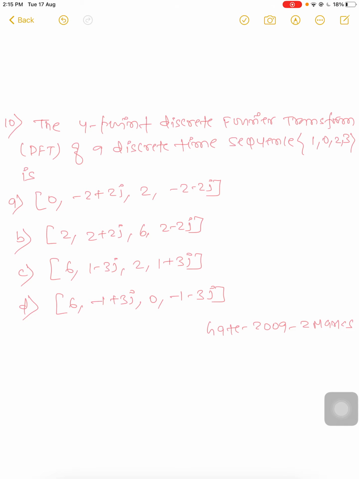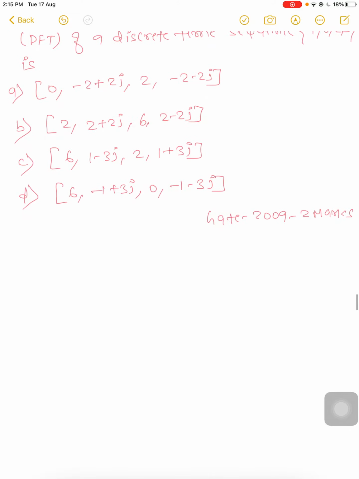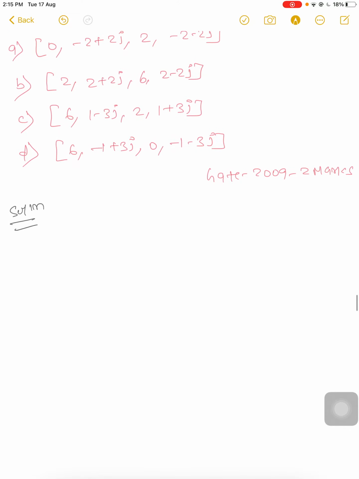The 4-point discrete Fourier transform DFT of the discrete sequence, it is easy. We have to find out the 4-point DFT. We know the table of the 4 points. First write 1 1 1 for both sides, 1 1 1.